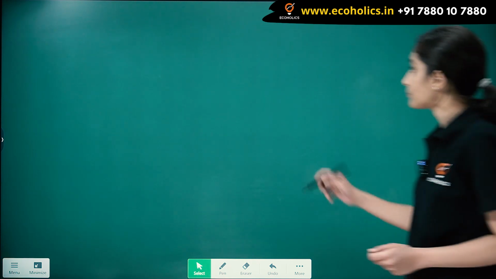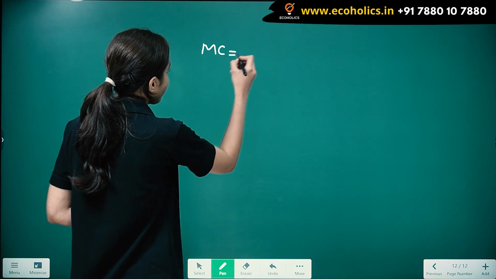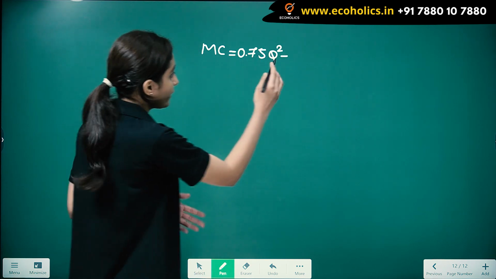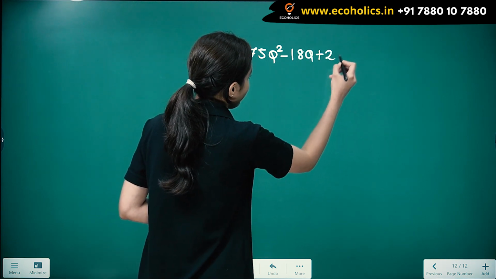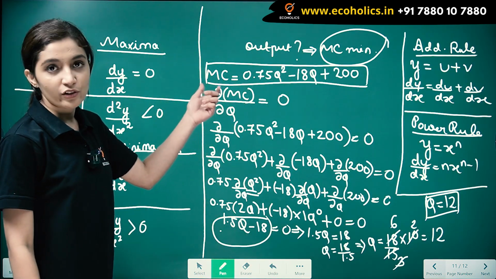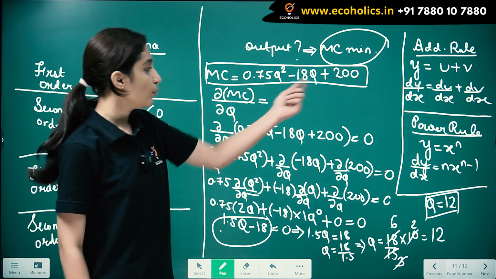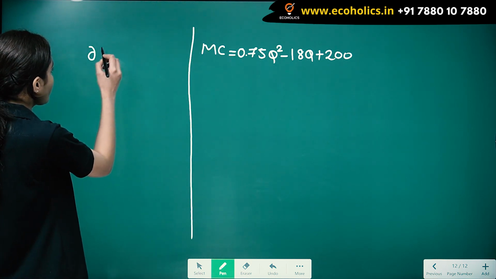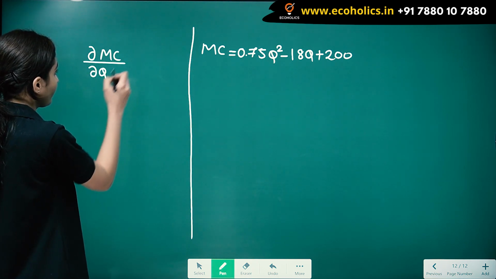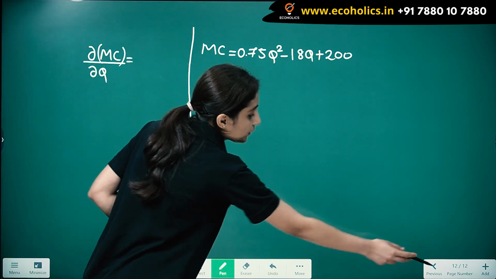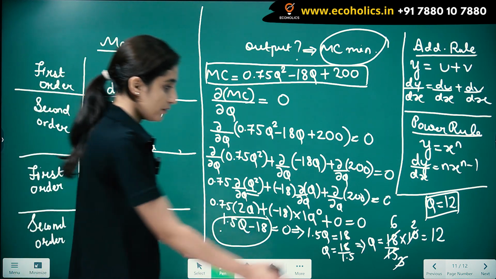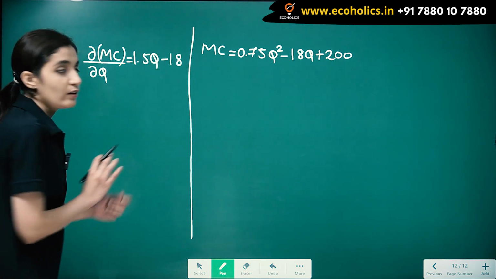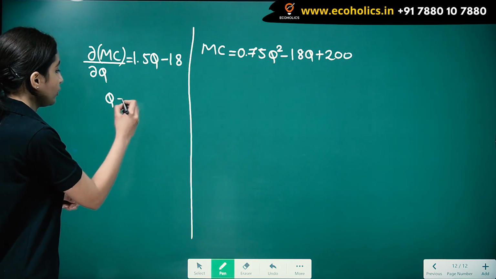So we have our marginal cost function as 0.75Q square minus 18Q plus 200, and we had our first order derivative as 1.5Q minus 18, and we got Q as 12.